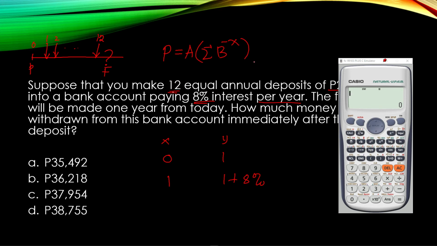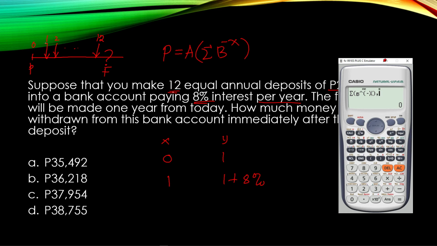So, solve natin yung summation of B raised to the power of negative X. Meron kasi tayong annuity, so masasolve natin yung P. Okay, so we have summation of shift stat 52 raised to the power of negative X. Ano ba dapat yung input natin?